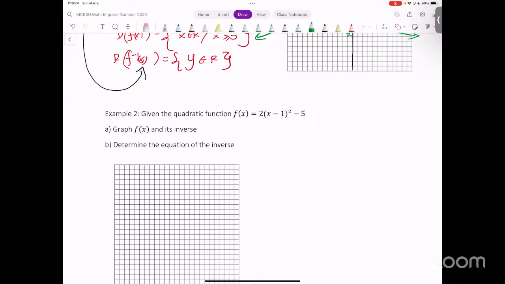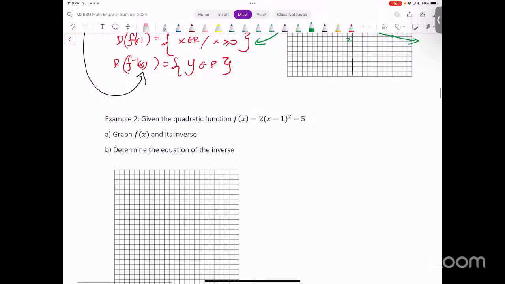All right. Let's see. Already sketched the inverse. What is your strategy? How are you sketching? Okay, and then what is that? That's a sketch. Okay, so it looks like that.